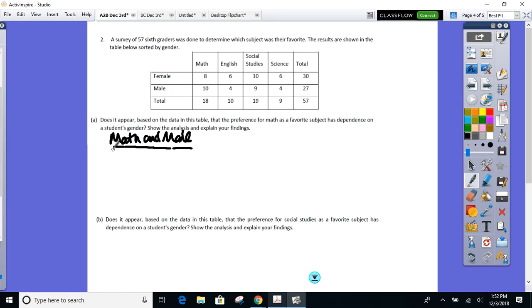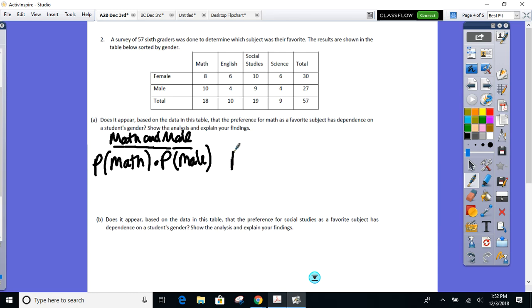How can I test? Everyone help me out. I can find the probability of, give me one of the events. Probability you like math, times the probability you're male. And what are you going to compare that to?